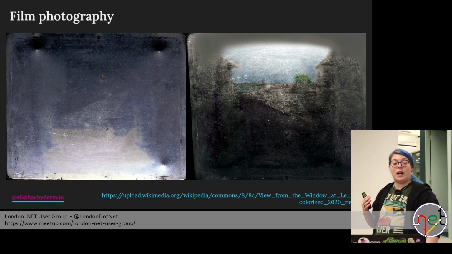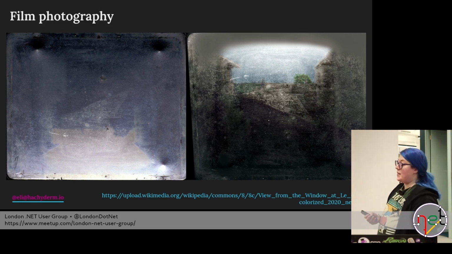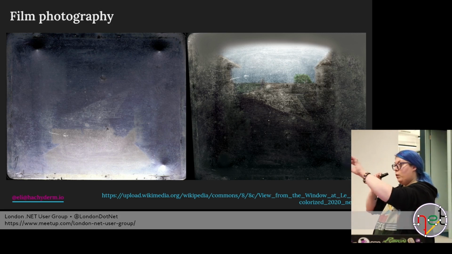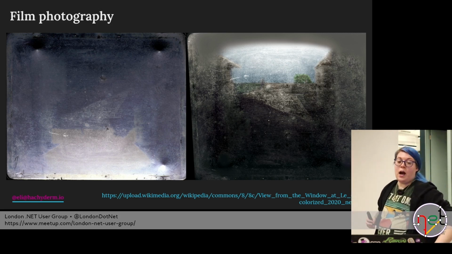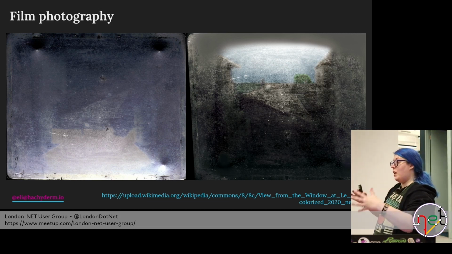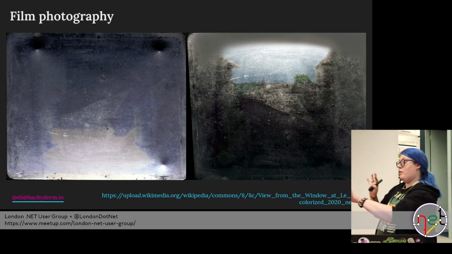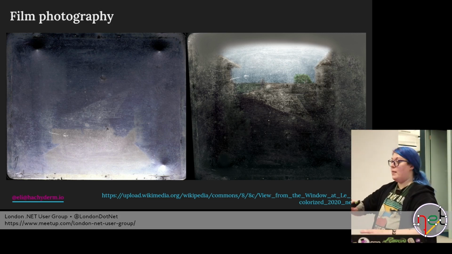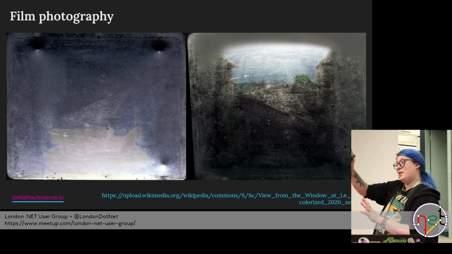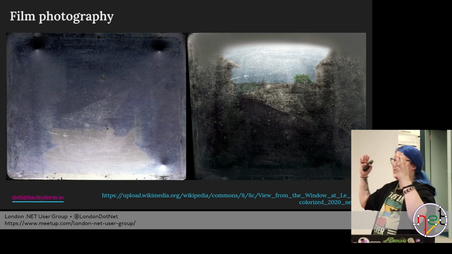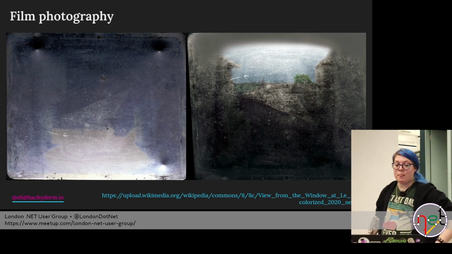This was created by a guy called Nicéphore Niepce in 1826, and he used a camera obscura, which is like a tiny little pinhole that you can use to project light. He projected that light onto a plate covered in a photosensitive substance, which hardened differently according to how much light hit it. And then you could wash away the bits that were still goopy and be left with the hardened stuff, and you ended up with a texture that represented the light that had hit that plate.